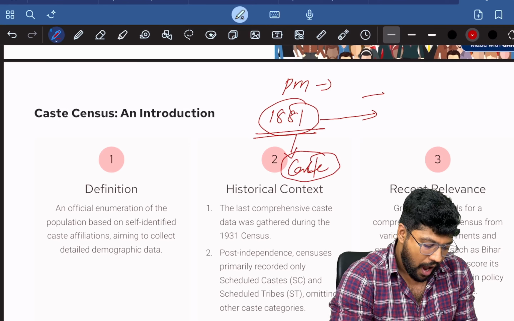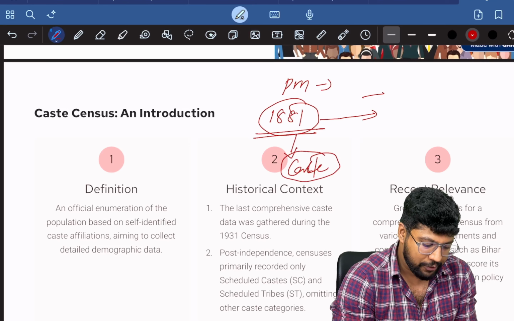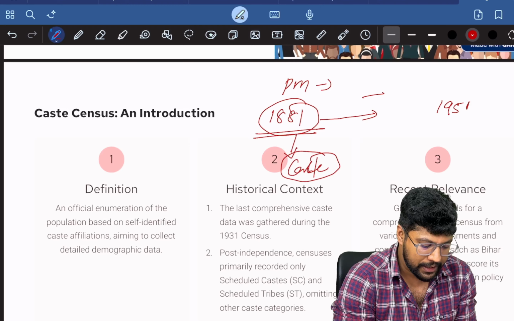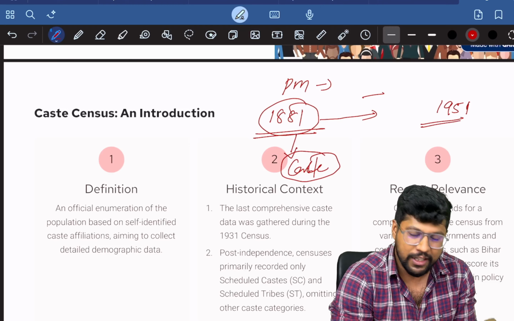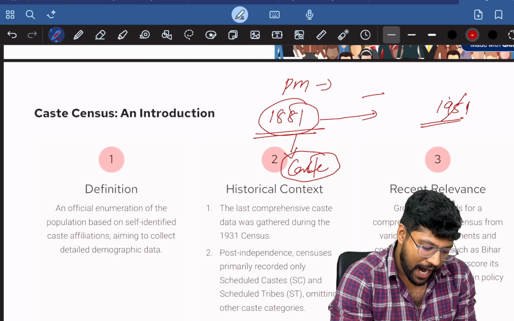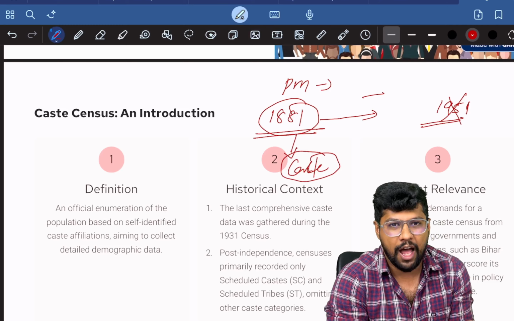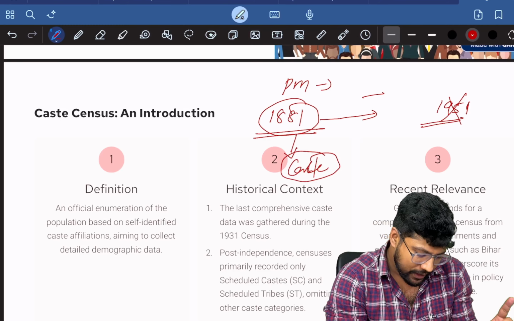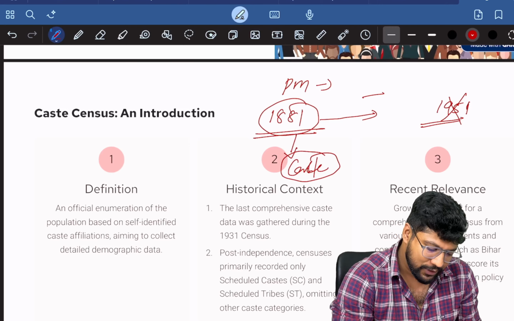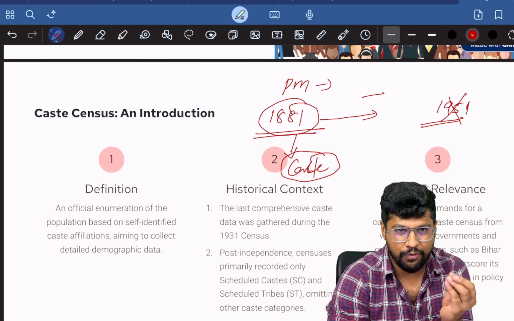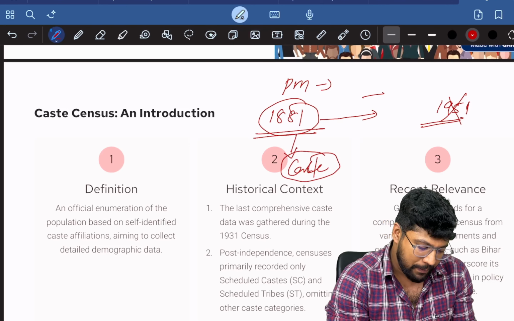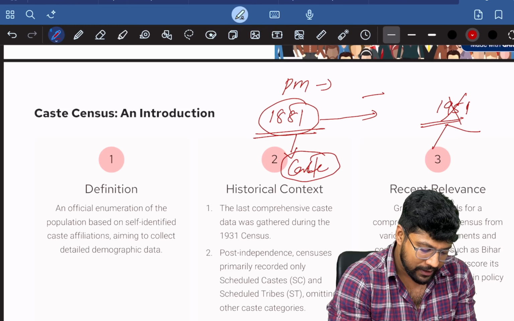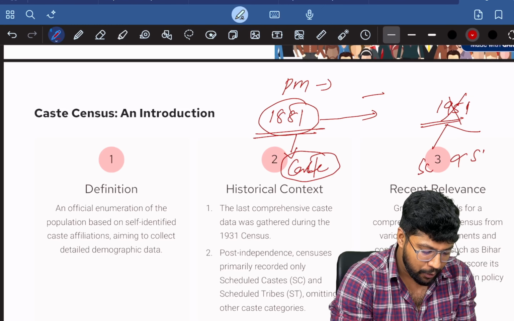However, after independence, the first census happened in 1951. After independence, we stopped the practice of collecting caste-based data along with the census data enumeration. But one thing you should remember is that though we stopped the collection of caste-based data for the general public, we continued this practice for the SC and ST communities alone.